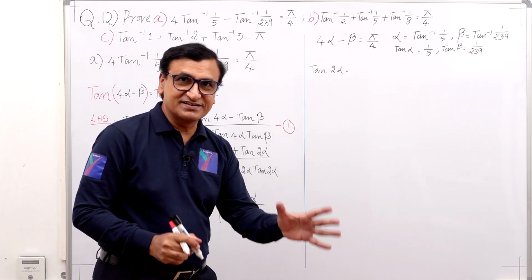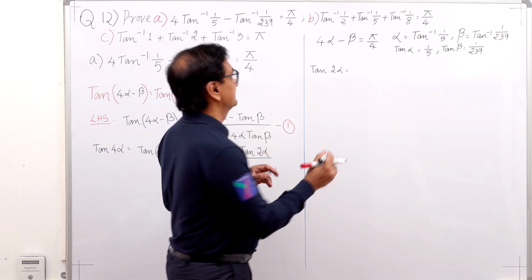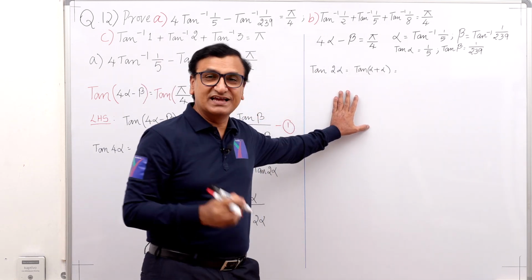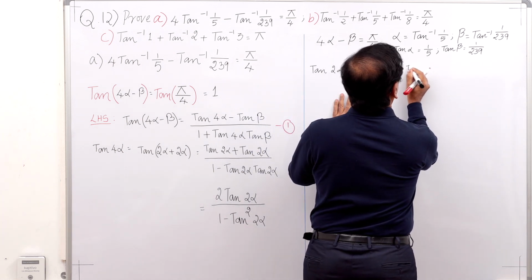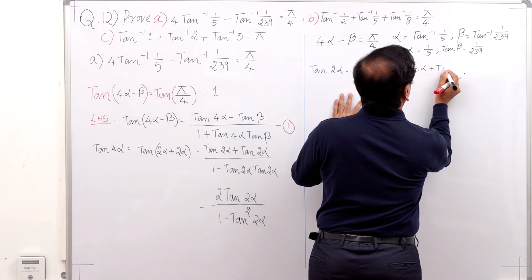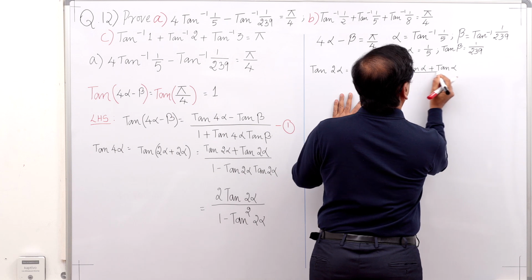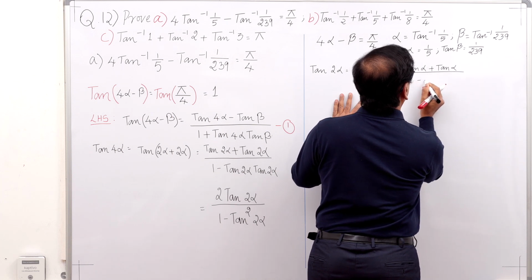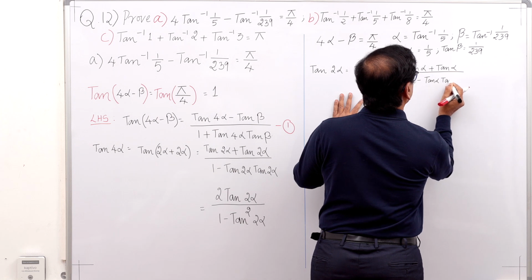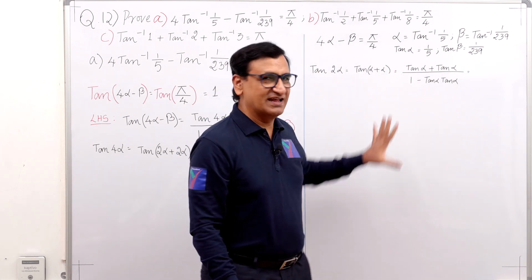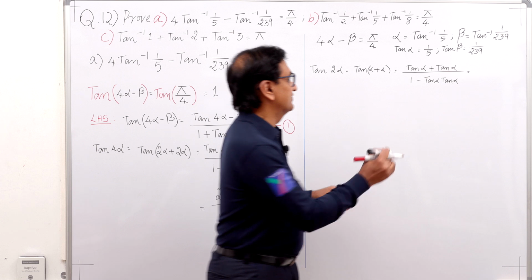Tan 2 alpha I can write as tan of alpha plus alpha, right? And I can use again the tan A plus B formula. So we will have tan alpha plus tan alpha divided by 1 minus tan alpha times tan alpha, which is 2 tan alpha divided by 1 minus tan square alpha.